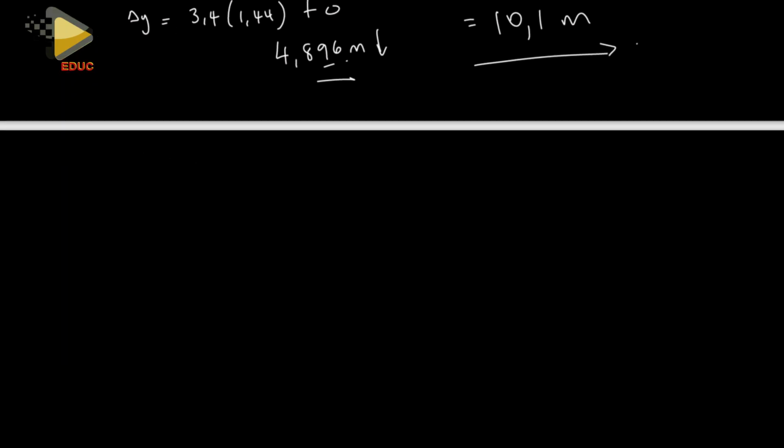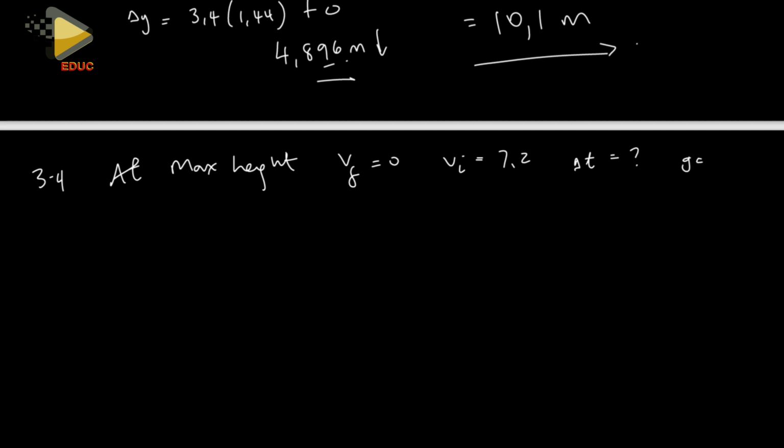So 3.4, we're saying that at maximum height, after the bounce, the V final is 0. The V initial was 7,2. What we want is the delta t. The ball will be moving with 9,8, which is the same as the acceleration. So we can use the first equation of motion: V final is equal to V initial plus a delta t.